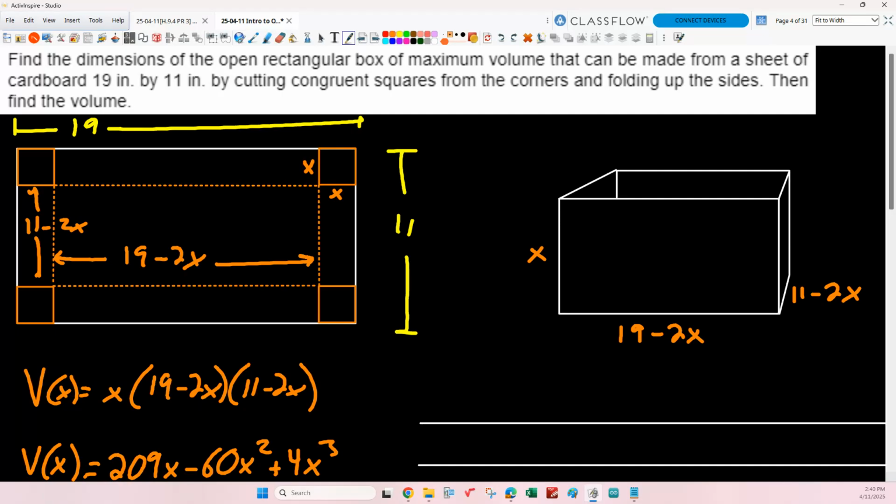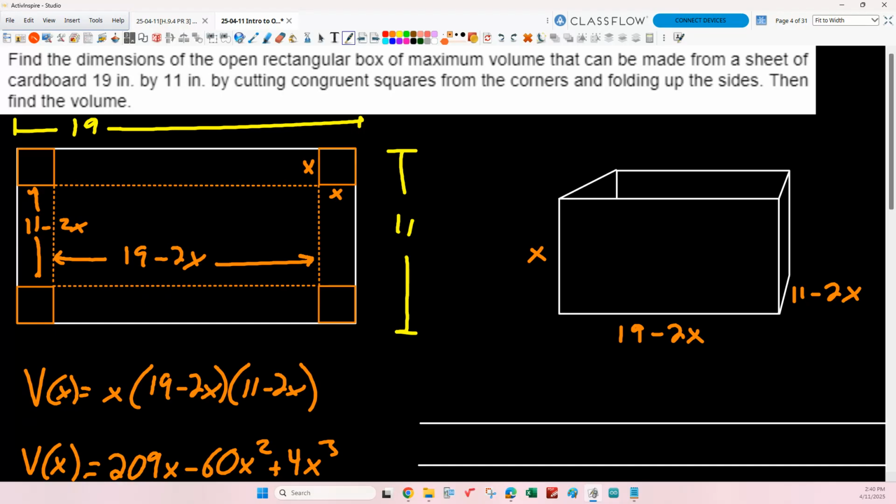So it's 5.5, right? Everybody see, that's the biggest x could be. That's the biggest I could cut my corners, because when the corners meet right here, I can't cut any more, there's nothing left to cut.